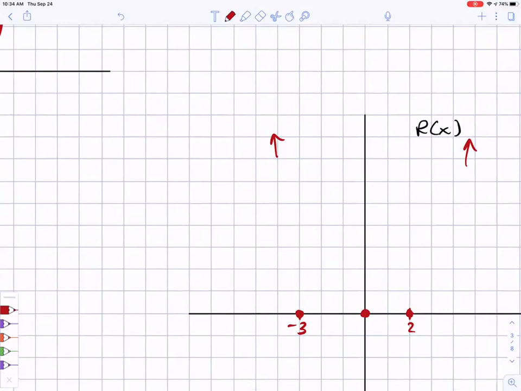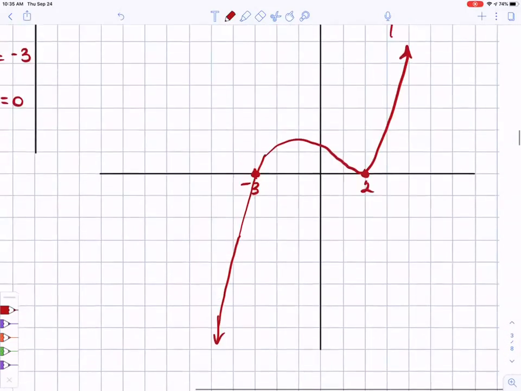So I'm not bouncing, I'm going through it, but slowly. In other words, I'm leveling off. I'm still going through it, but it's not like the P of X graph where I just went, whoo, straight through it.